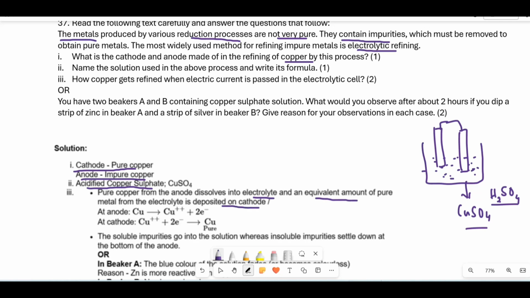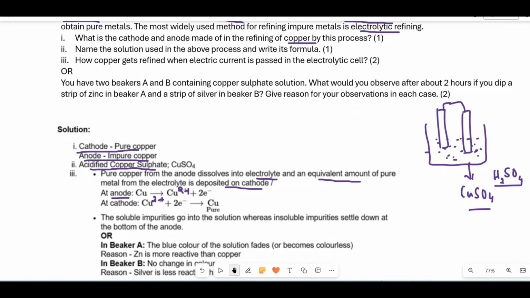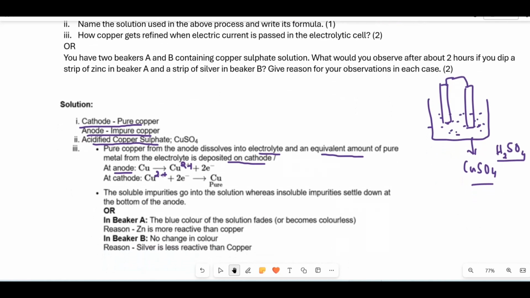At the anode, Cu loses 2 electrons and becomes Cu2+. At the cathode, Cu2+ accepts these 2 electrons and forms copper. The impurities go into the solution and are called anode mud. It settles at the bottom of the anode. Okay, so that's about the purification of copper.